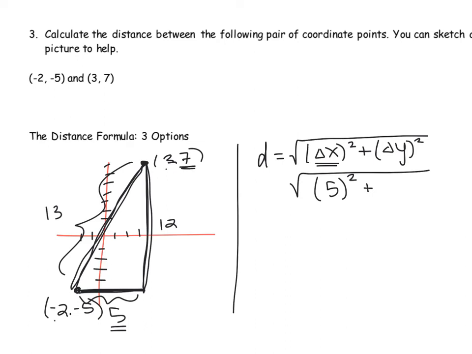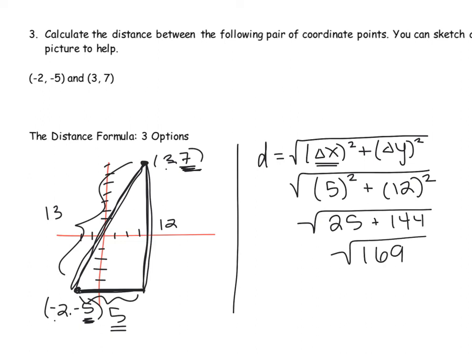The distance between the y values, 7 to -5, is 12. And now we just need to simplify this expression. 25 plus 144, that's the square root of 169, which is of course 13. So using either method, we get that value of 13 for our hypotenuse.